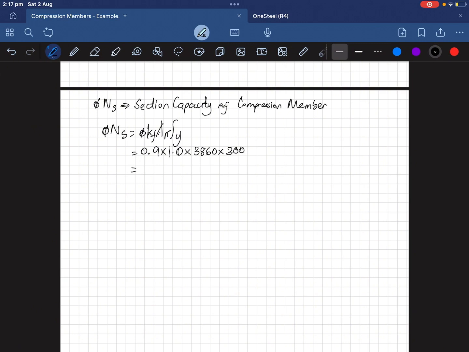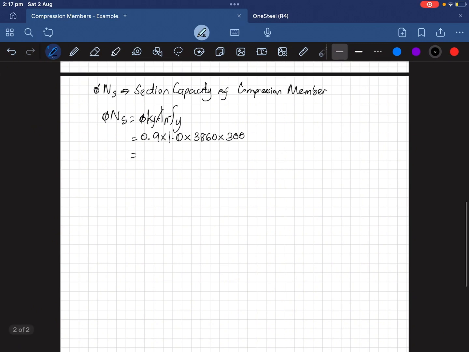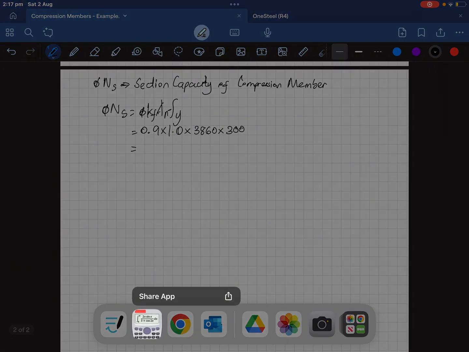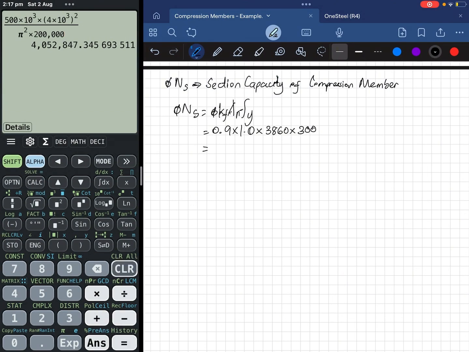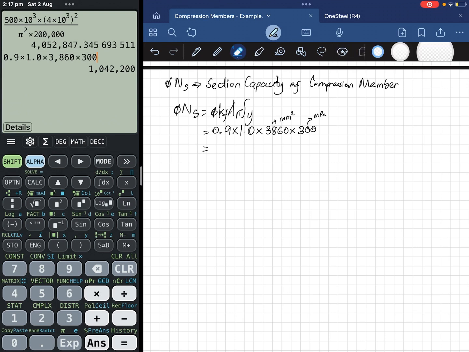Okay? So that gives us 0.9 times 1.0 times 3860 times 300. And also here, be cautious, like I said before, we're going to work in millimeters square here, and we're going to work in MPa here, and this will help us keep our units consistent. When we multiply these, we'll get our answer in newtons, and then we can later convert that to kilonewtons.